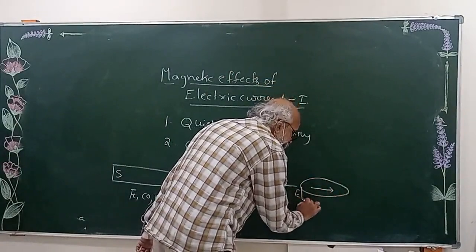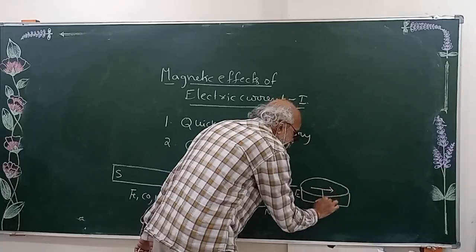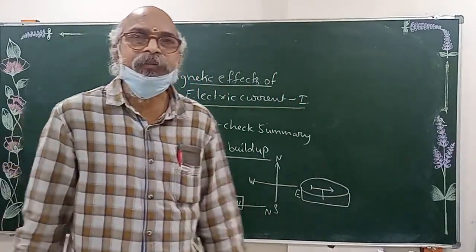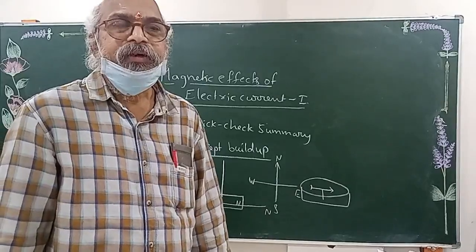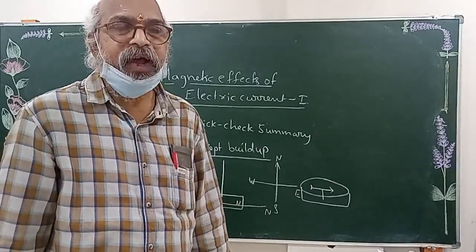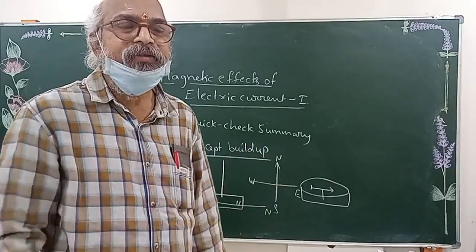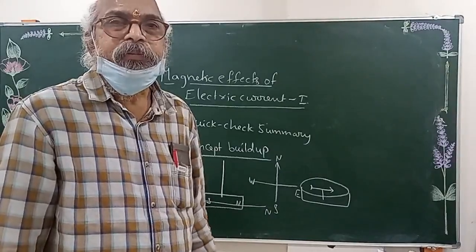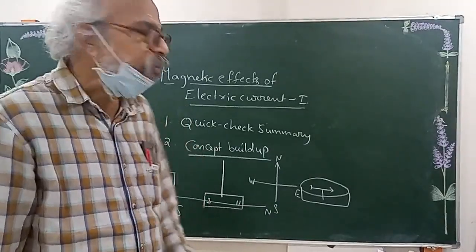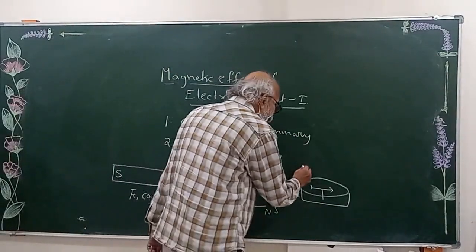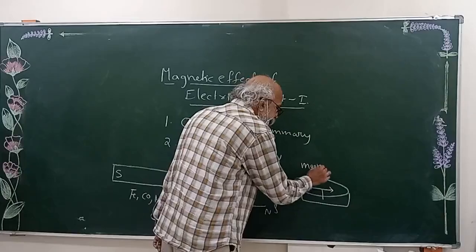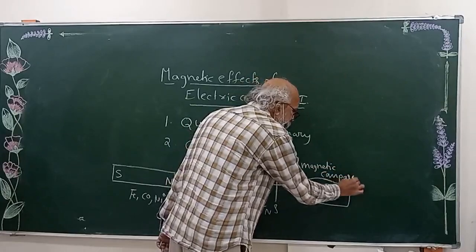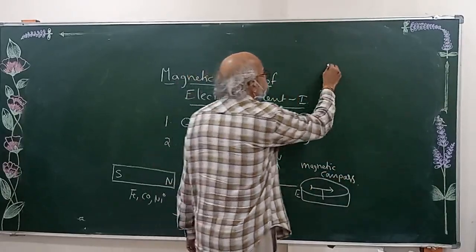A compass needle is a thin magnetized metal wire which can freely rotate about its axis, enclosed in a glass casing, which is used to indicate directions at a given place. What you call the magnetic compass.